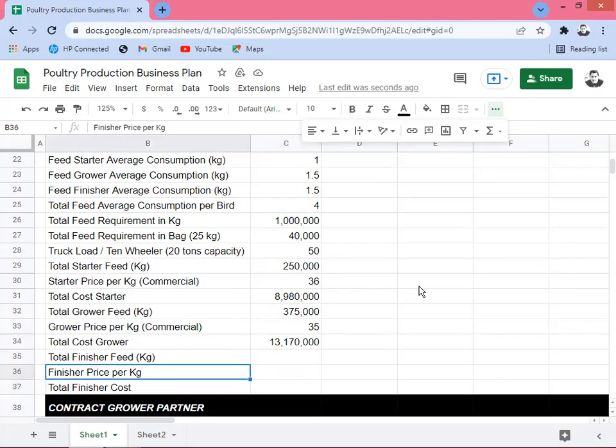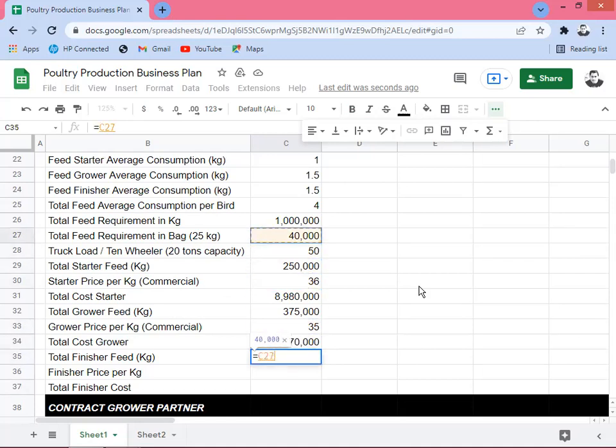Then the last thing that I'm going to calculate is the finisher feeds. The kilogram for this would be 1 million kilogram, multiplied by the finisher average consumption in kilogram per bird, then divided by the total consumption, which would be 375.